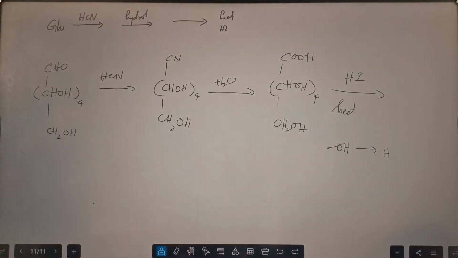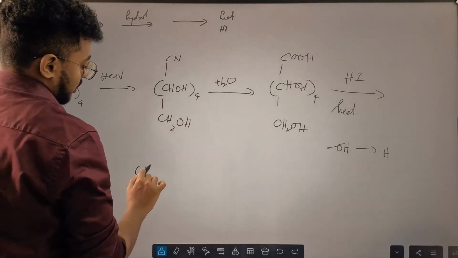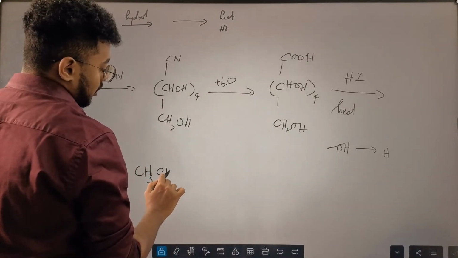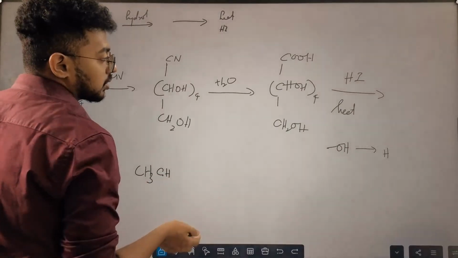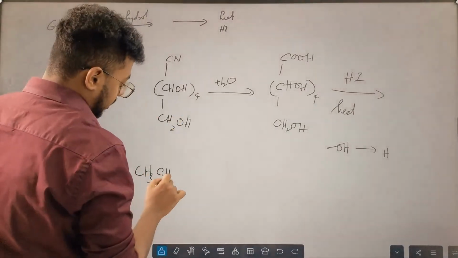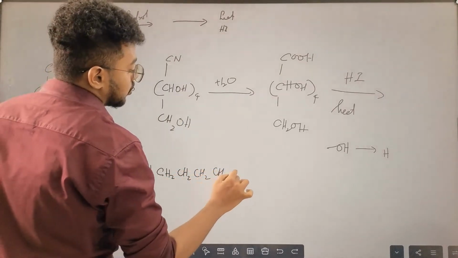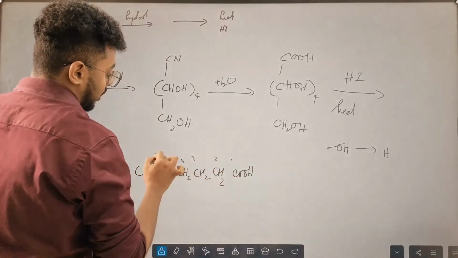So what will be the answer? This OH is converted to hydrogen, that is CH3. Again, all 4 OH are converted to H, that is CH2, CH2, CH2 and CH2 with COOH. 1, 2, 3, 4, 5 and 6.